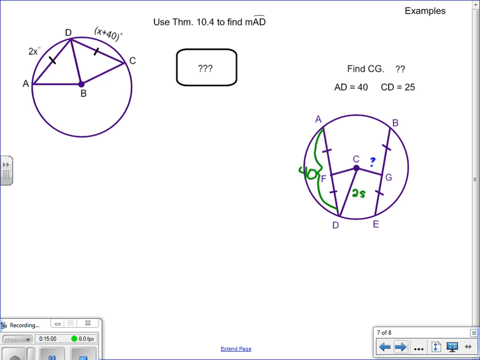Look at all of the pictures you've drawn, and see if you can add something to the picture that's going to help you solve for CG. So think through this and get an answer. Make sure it's not blank when you come to class. Try to work something out, and then we will definitely go over this one tomorrow in class.